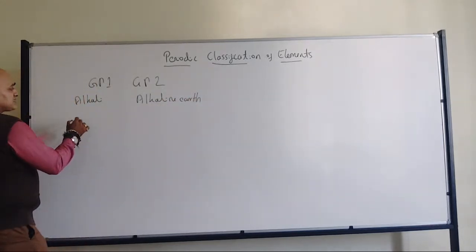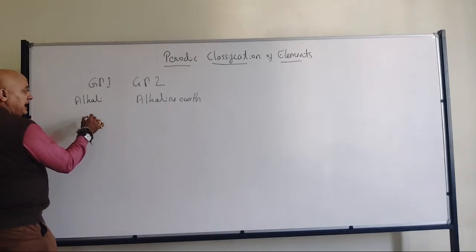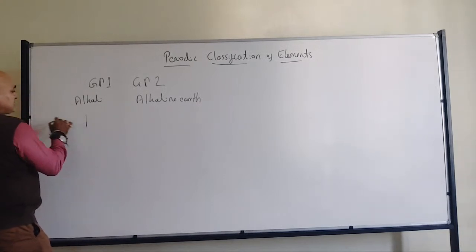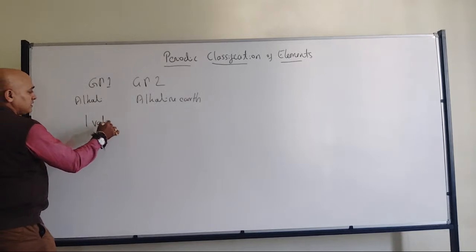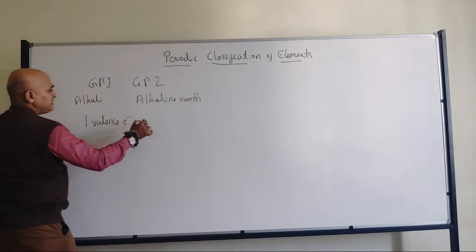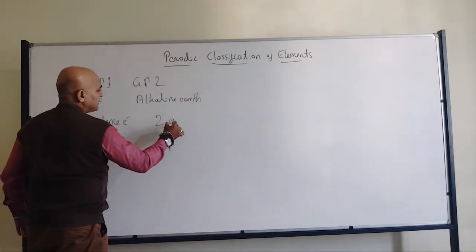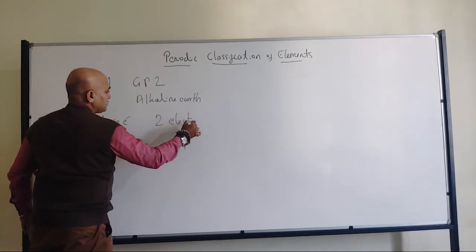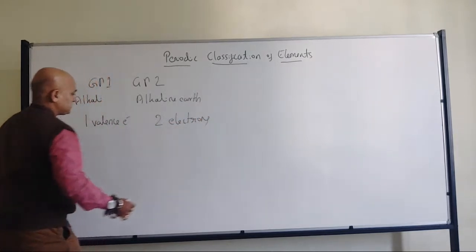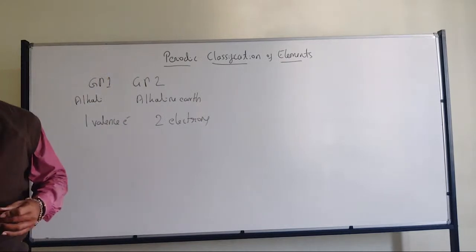In this case, group 1 elements will have one valence electron, and alkaline earth metals will have two valence electrons. All of you will agree?